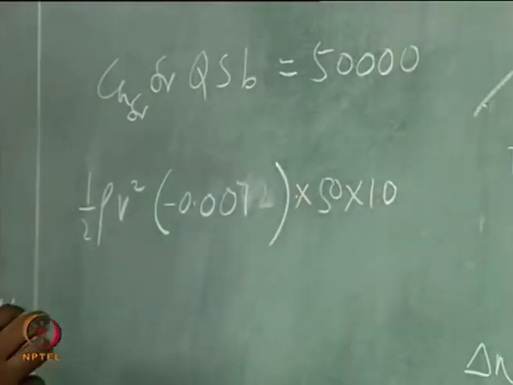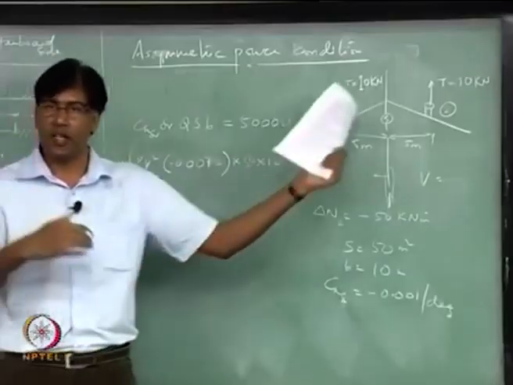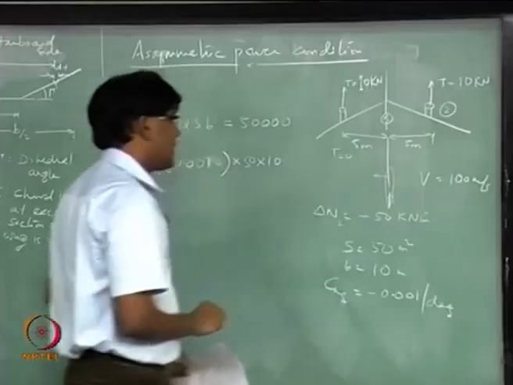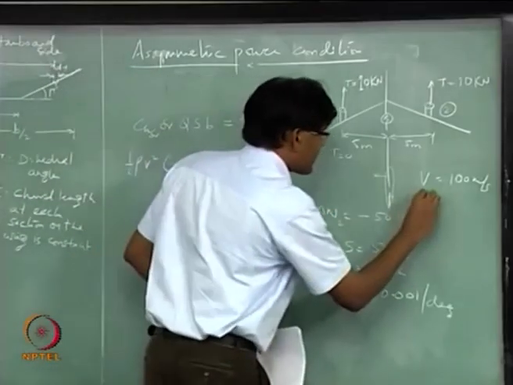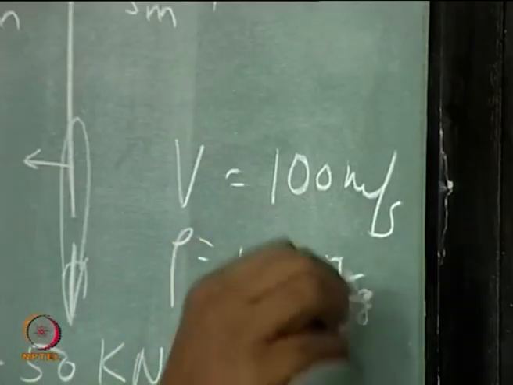And the velocity at which it is flying level when it runs out of the engine is 100 meter per second and it is at sea level conditions.